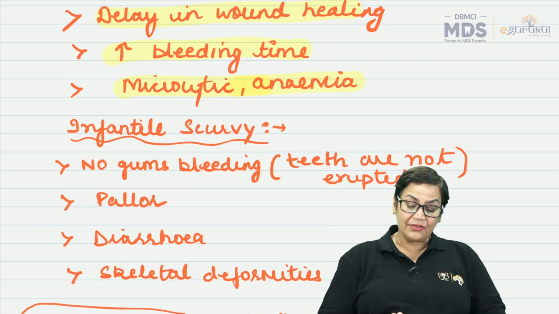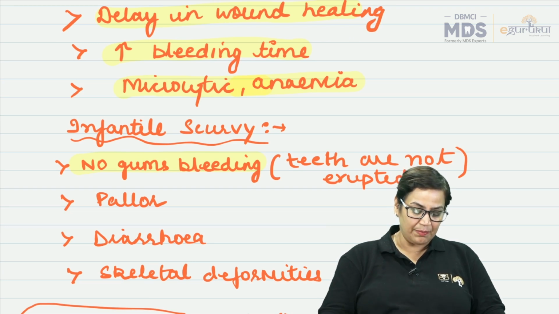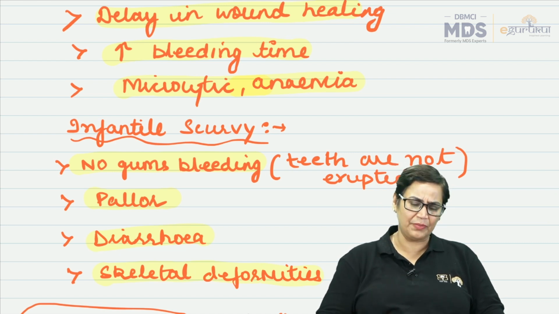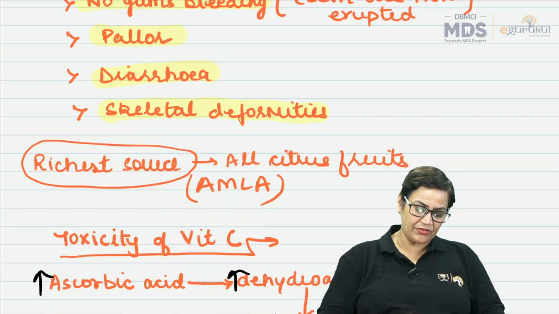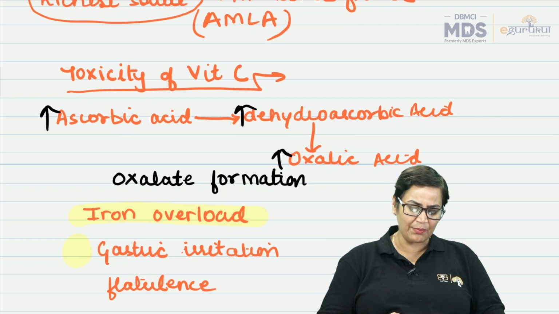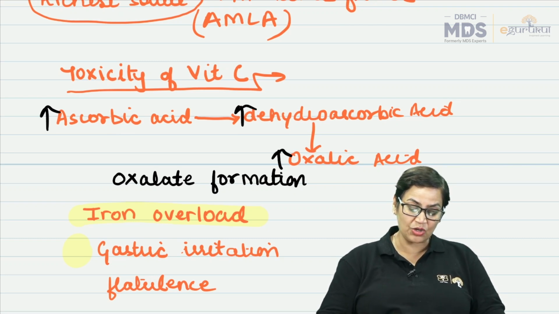And infantile scurvy, if we see, there is no bleeding in the gums because teeth are not erupted at that age. Pallor will be there, diarrhea will be there, and skeletal deformities will be there because again there will be defective collagen formation. And richest source is this. And toxicity of vitamin C is also very important because overload of iron will be there and there will be formation of oxalates.